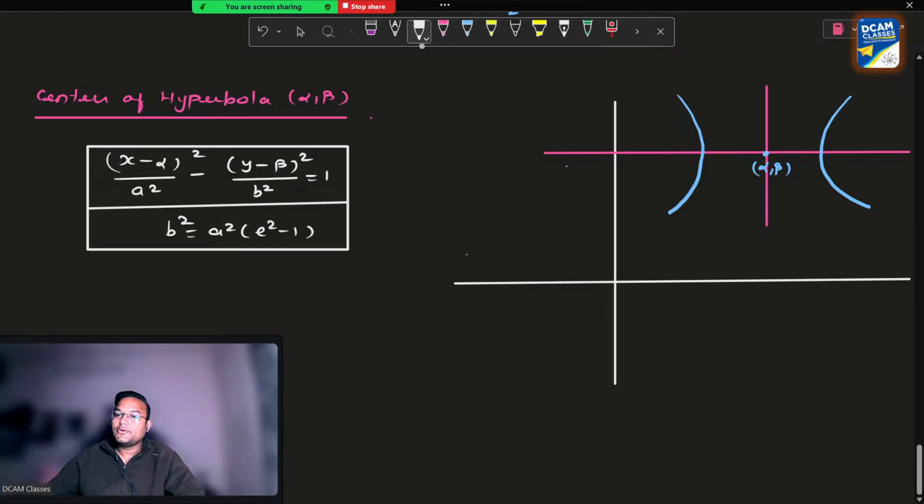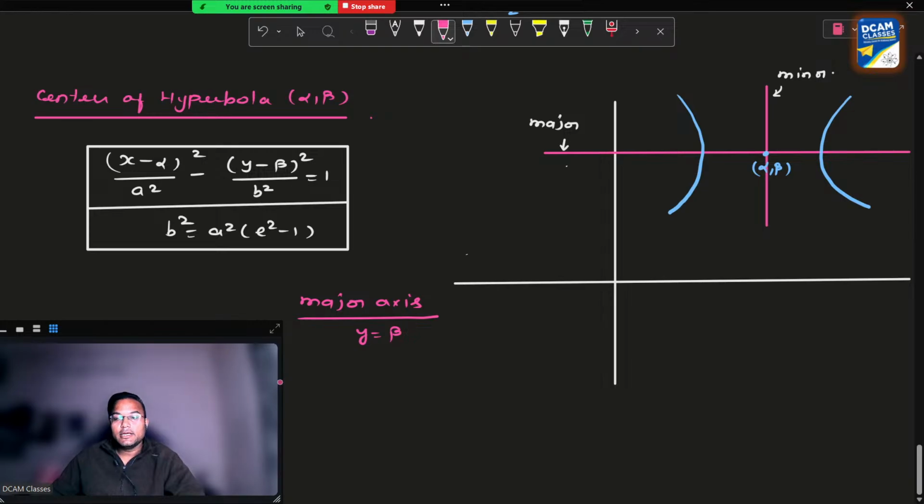Now what will be the equation of the major axis? Y equal to beta. Very good. This time Diva is ready.